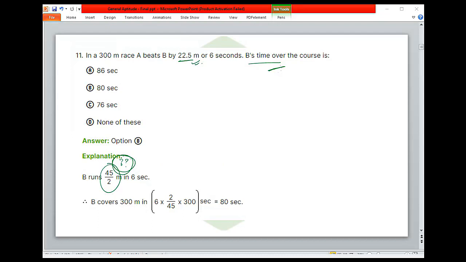A is beating B. There's a distance of. How did you get 45 upon 2 over here?